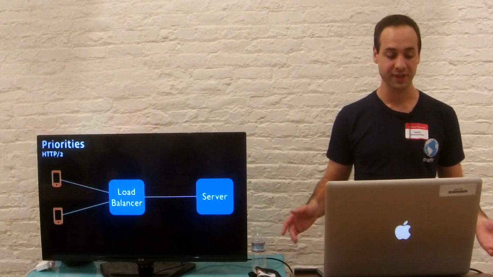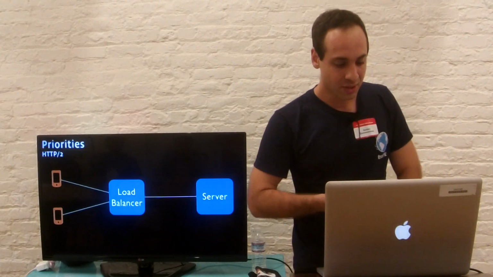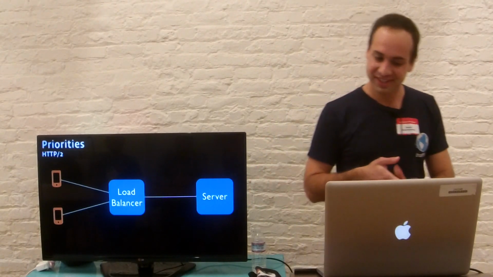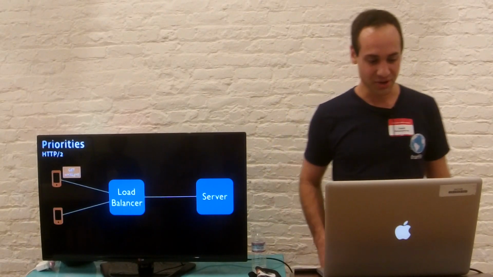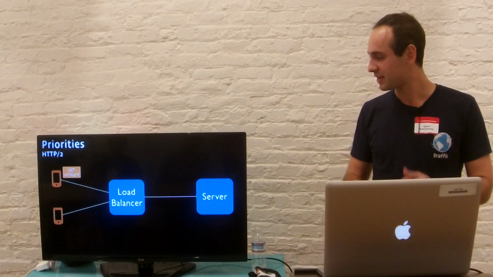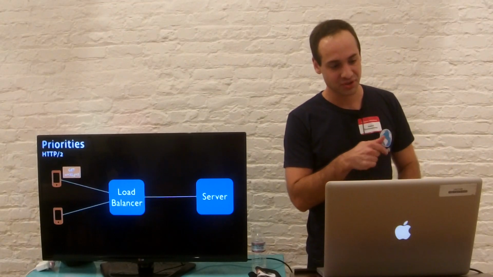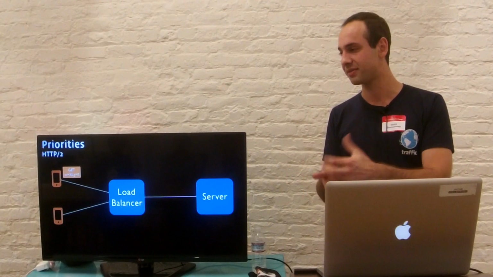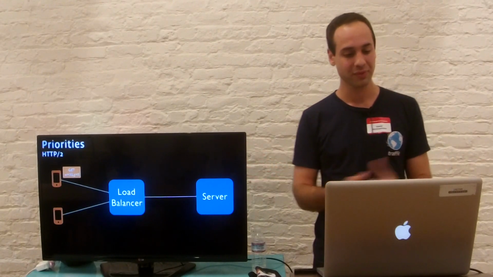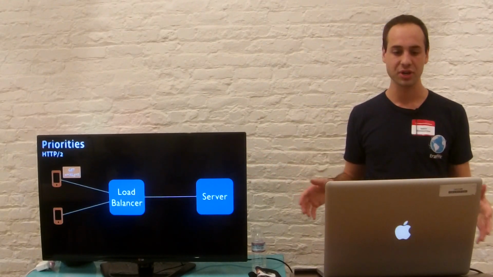Okay, so how does HTTP2 fix this? Well, it added complexity. This is the theme. A few things here. There's now weights and groups. So you can have priority groups, and within that priority group, you can have a relative weight compared to your peers in that group. It's actually represented through a tree structure.